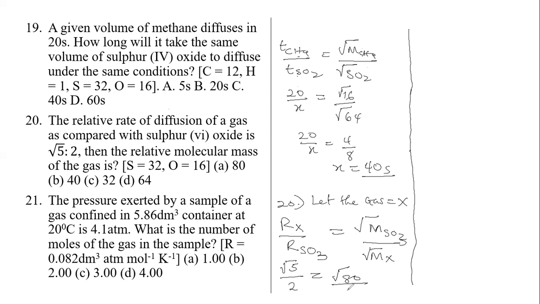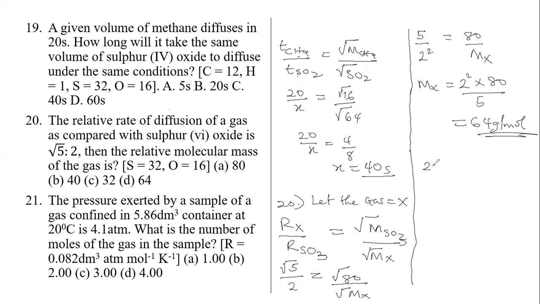The molar mass of sulfur 6 oxide is 80, over the molar mass of X. So what do you do? You square both sides. So if you square both sides, you're going to have 5 over 4, and this one is going to be 80 over Mx. So if you press the calculator and make Mx the subject, we have Mx equals 2 squared times 80 divided by 5. And that's going to be 64 grams per mole.